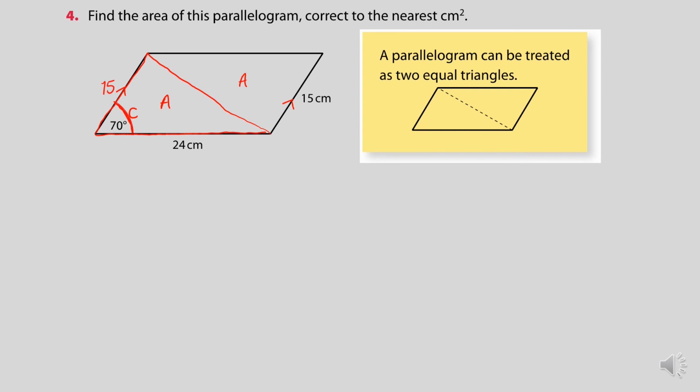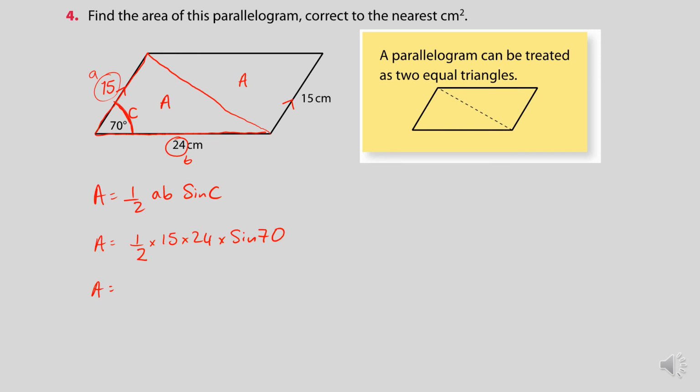Okay, so writing down my formula, half AB sine C. So our C is 70 degrees. Let's let 15 be A and 24 be B. Fill in your numbers. Half times 15 times 24 times sine 70.